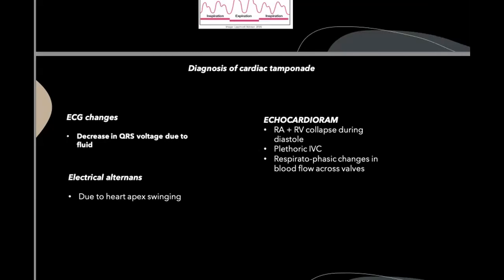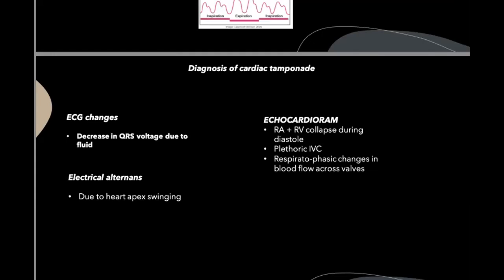And when it comes to echocardiogram, we will have right atrium and right ventricle collapse during diastole, because yes, the heart is compressed, it cannot relax. We have a plethoric inferior vena cava, which I discussed before, that it is due to the fact that we have a dilated inferior vena cava, just because our atrium cannot get rid of the blood the way it's supposed to, and we don't have enough space in the ventricle to take that blood.